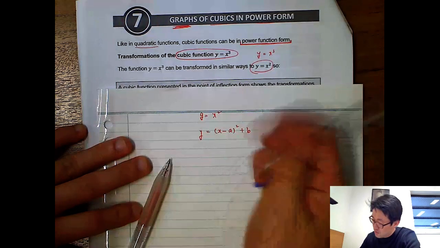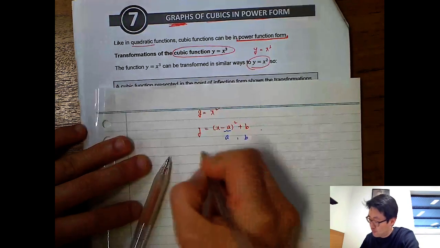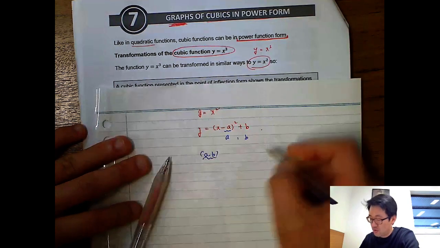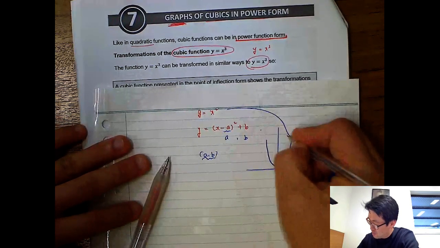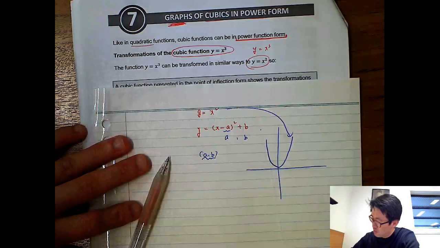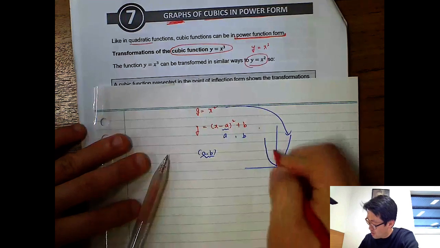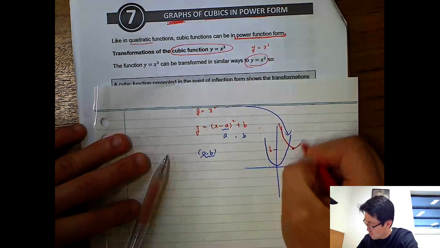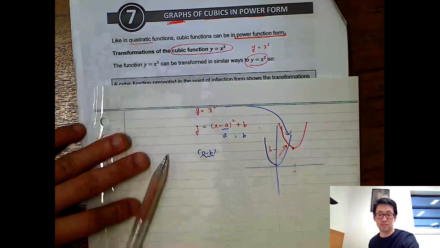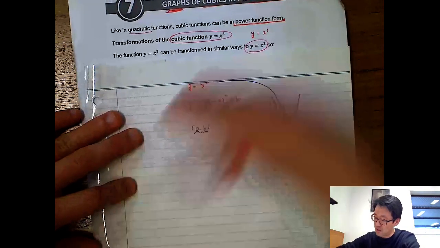So we moved a and b, the turning point. It was x squared, moved to a and b. So they moved it from quadratic form, wasn't it? It is very similar with cubics.